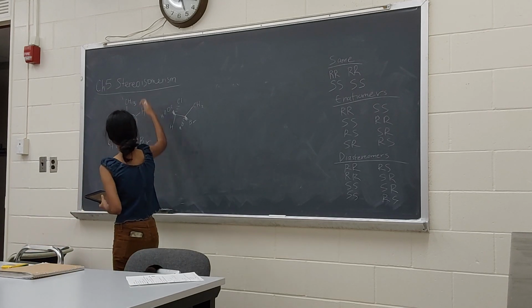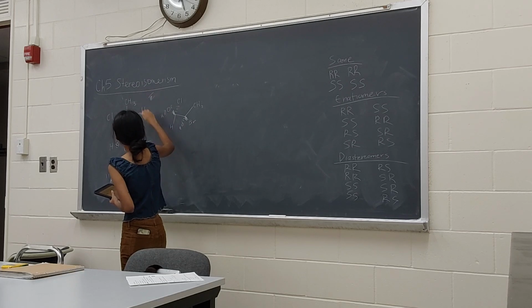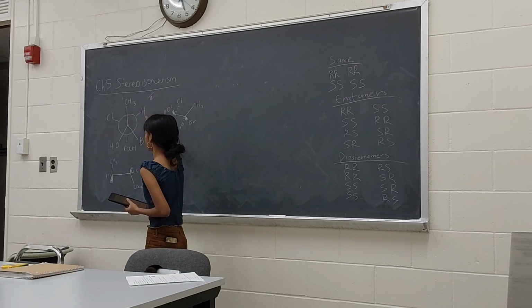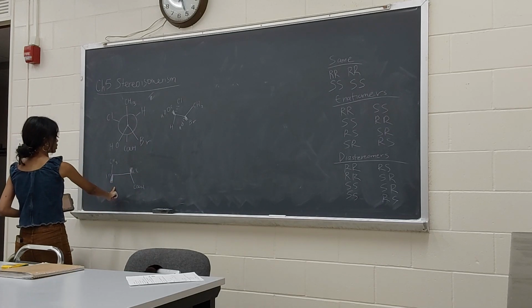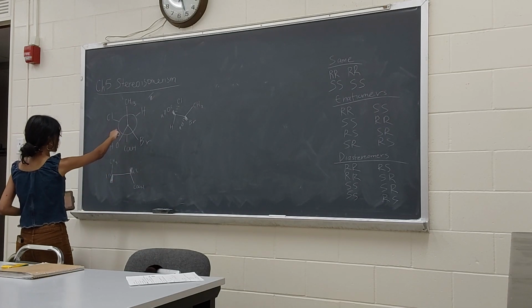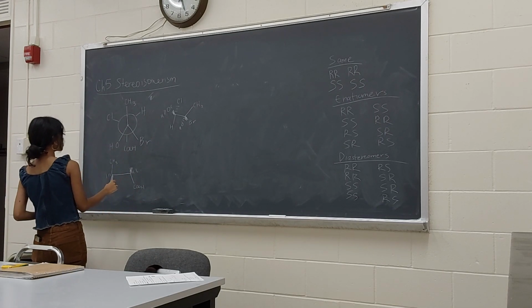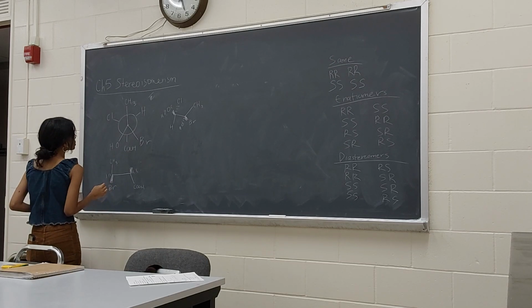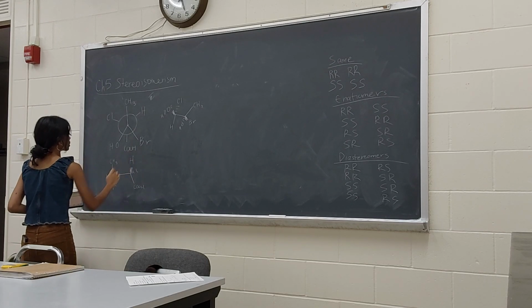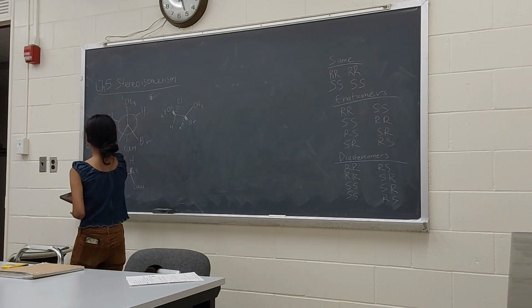And let's say my eye is here. The ones that are towards me are H and Br, right? So that's going to be on the wedges. Br's with CH3, OH, so here, and hydrogen would be here. And then Cl and OH are away.